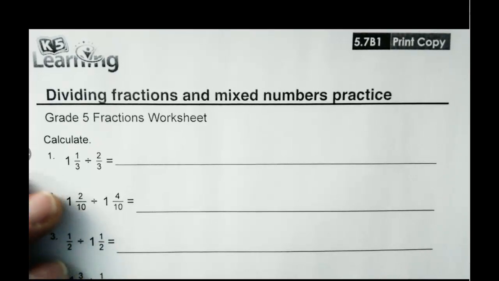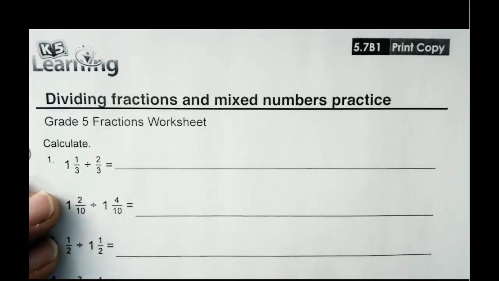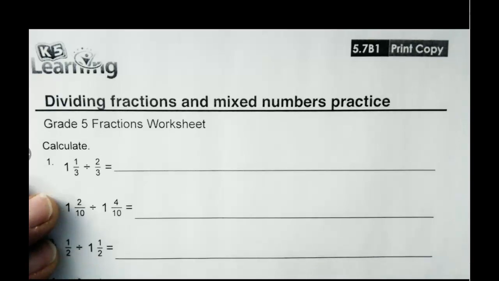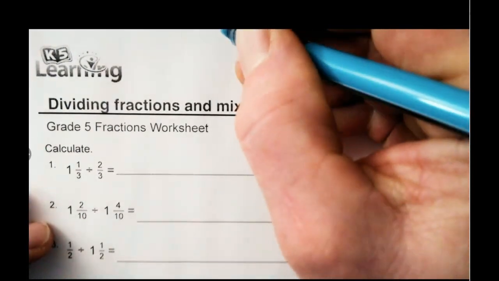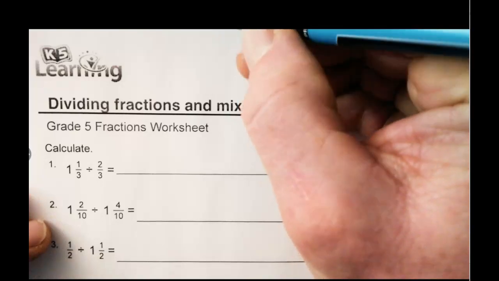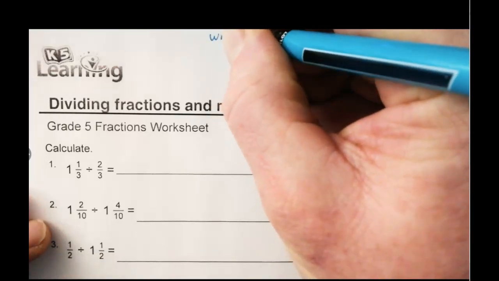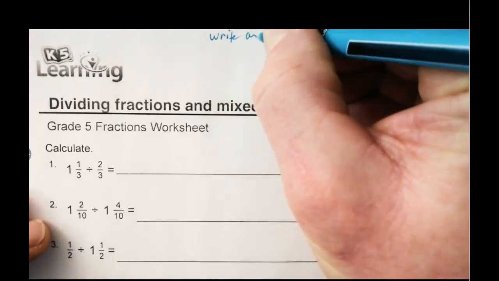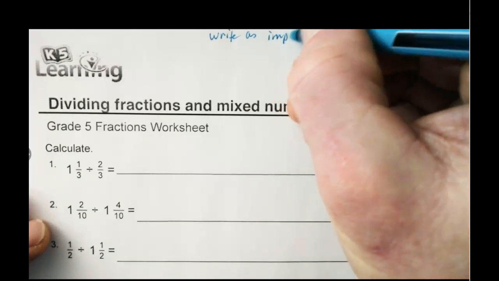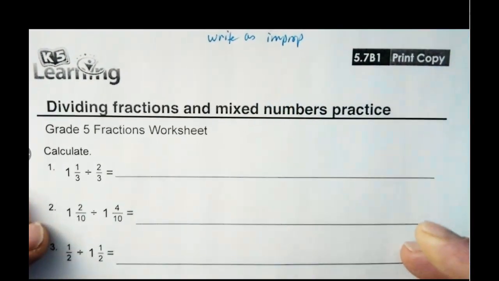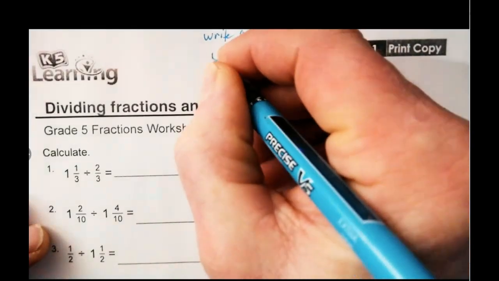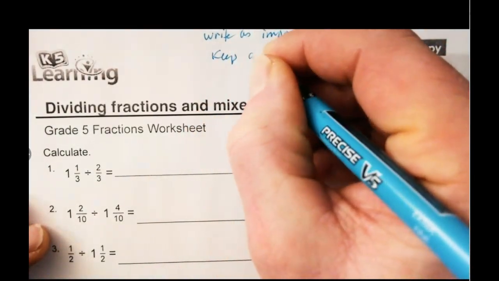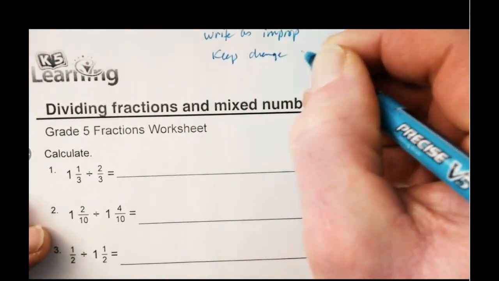All right, we're going to do a deep dive tutorial on how to multiply mixed numbers using this worksheet here. The first thing we are going to do is write them as improper fractions. And then we are going to do the old keep, change, flip.